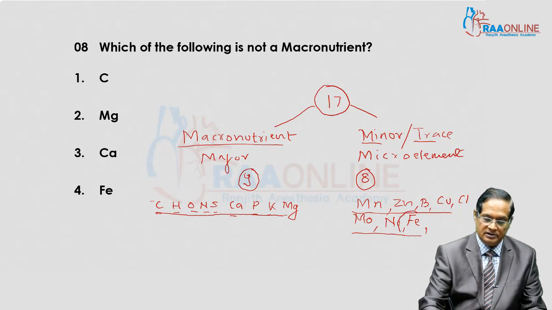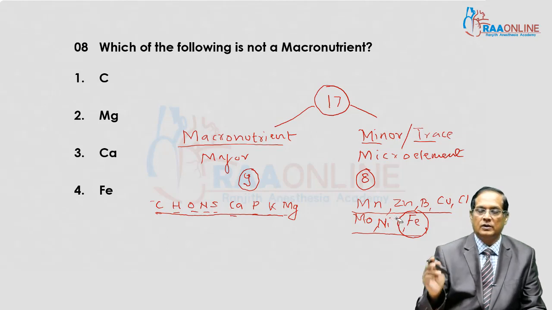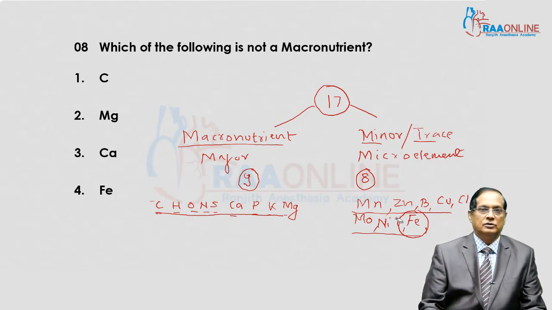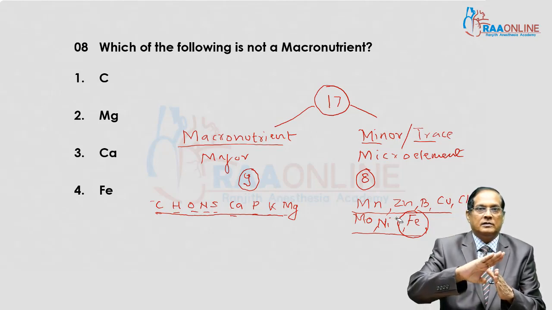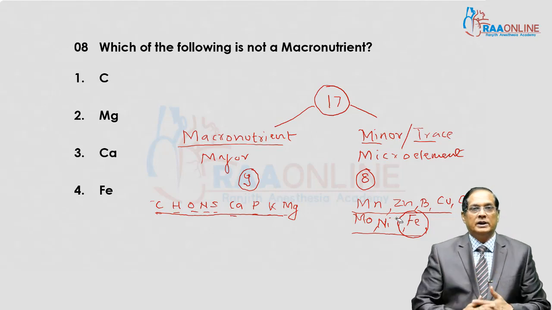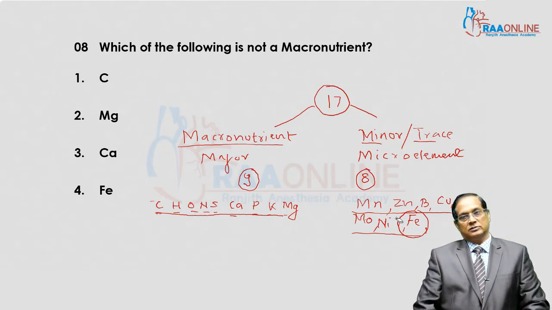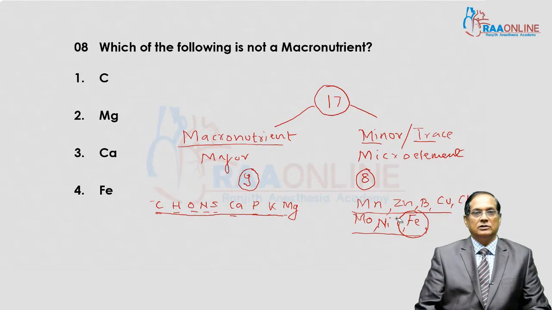Iron is the only element in this category which is required by the plant in comparatively larger quantity. Whereas other micro elements, if present more than the requirement, may cause toxicity, but this is not applicable for iron.